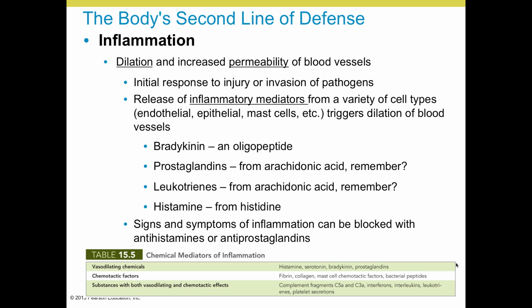And here it is. Once you have the release of inflammatory mediators, it means proteins are present, okay? And these proteins are your bradykinin, prostaglandins, leukotrienes, and histamines, okay? And these are actually used for signs of inflammation in which your antihistamines or antiprostaglandins will be released.